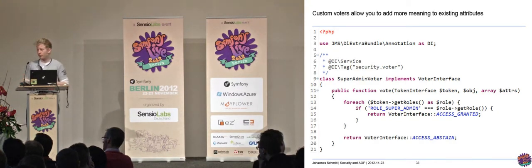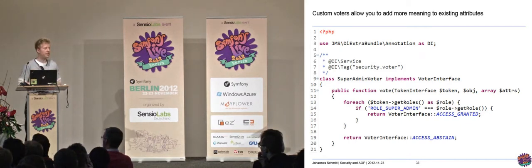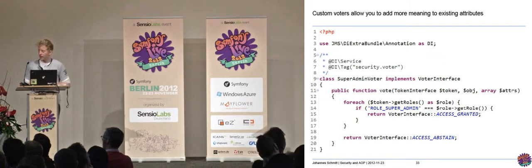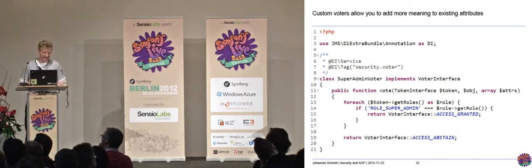And if he doesn't have that role, we would abstain from voting and let any other voter make that decision. You also have to wire that up as a service and add the DI tag security voter.